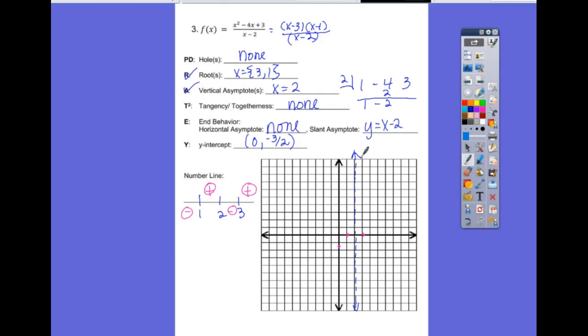Okay. So where do I start with the slant asymptote? -2. So I go down to -2, which is right under, so it's underneath your intercept, right? So here's where I'm going to start. So my slant asymptote then is up 1 and over 1. So it goes that way.